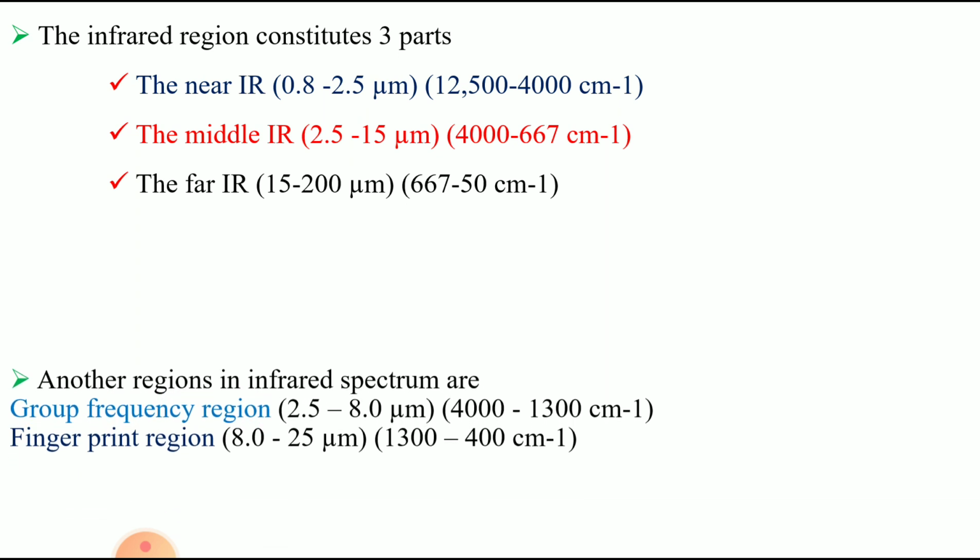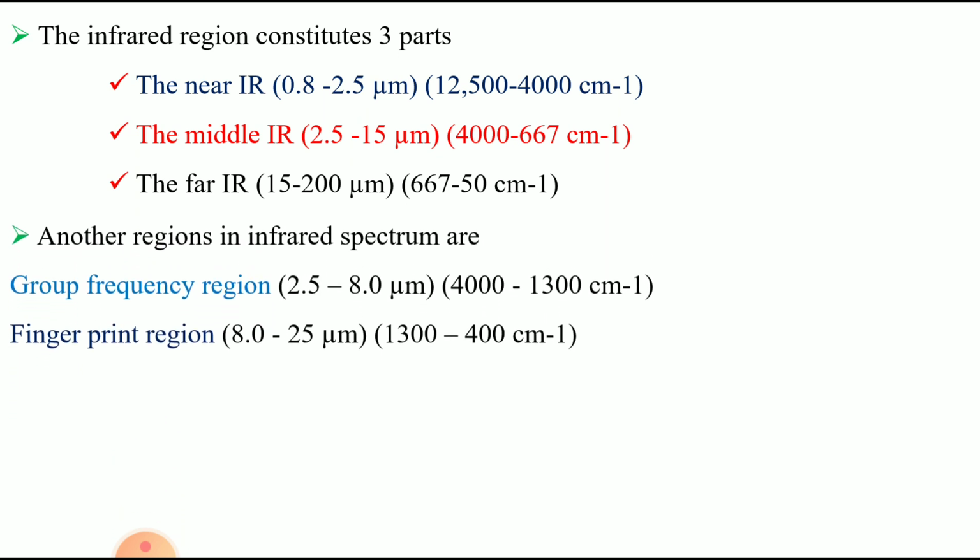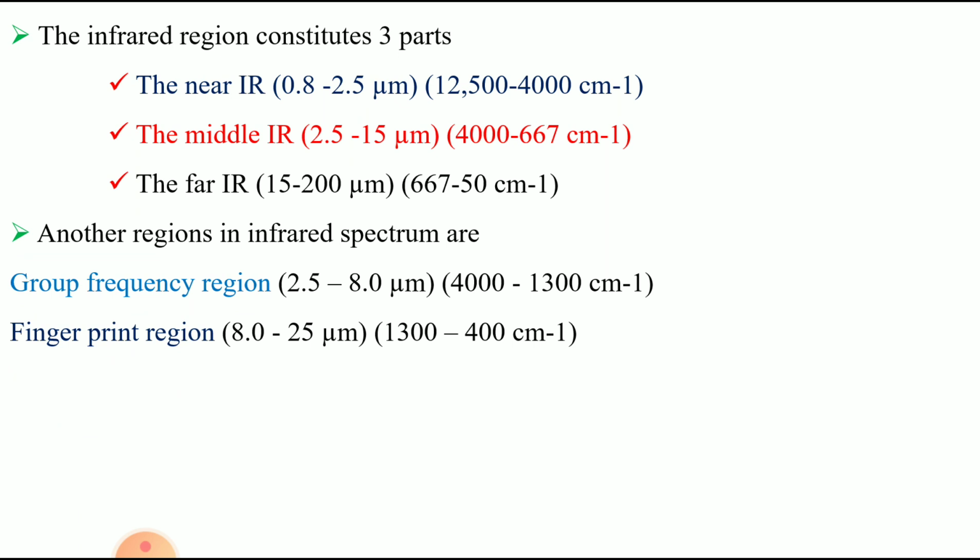Based on the interpretation of each and every molecule, we use one spectrum or one graph in the IR spectrophotometer. We again classify the entire IR region in the spectrum into two regions, the group frequency region and the fingerprint region.